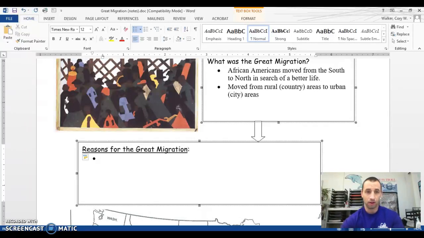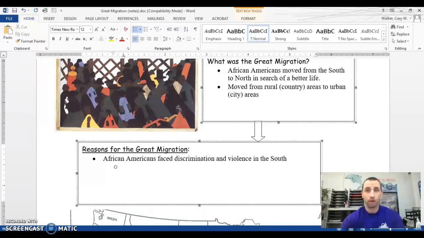First of all, this one should be kind of obvious based on what we've talked about so far in the school year. African Americans faced discrimination and violence in the South. We've learned what kind of a time period it was. It was a very racist, unequal time period.